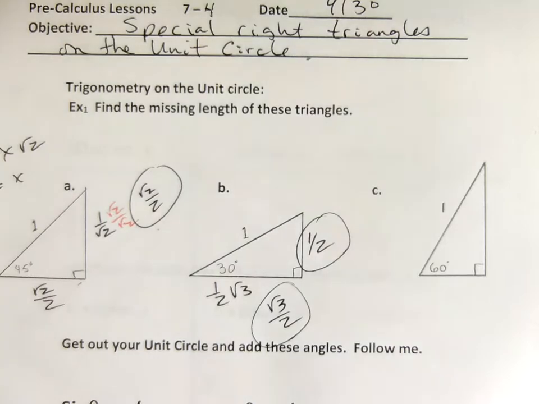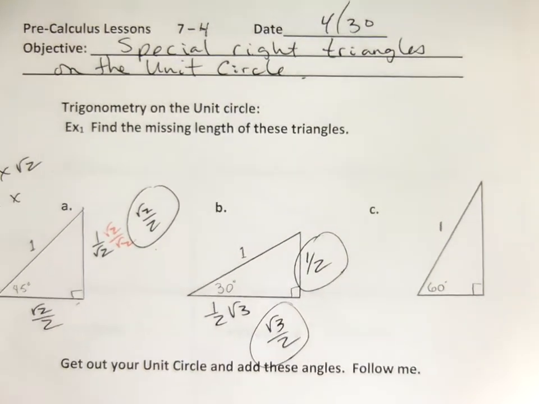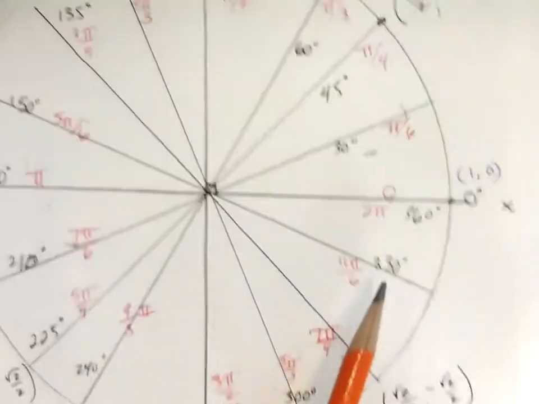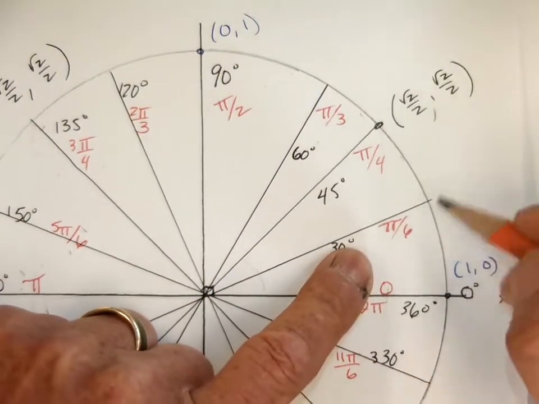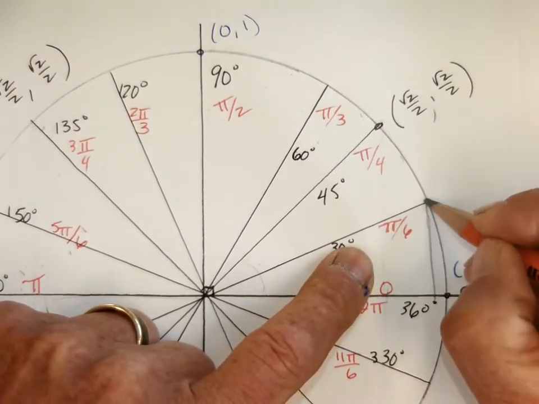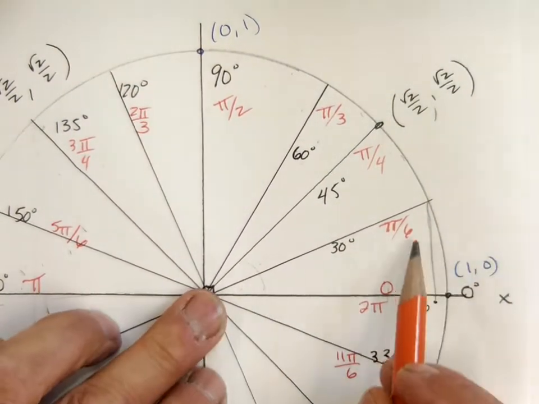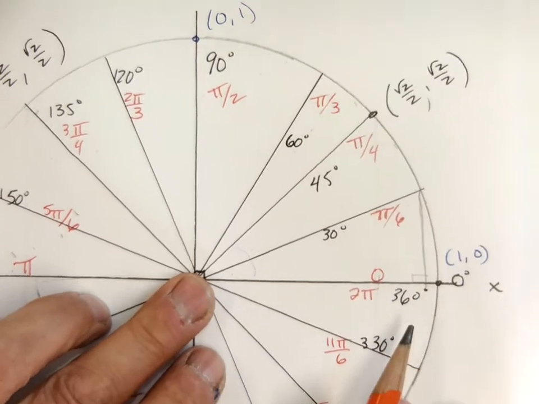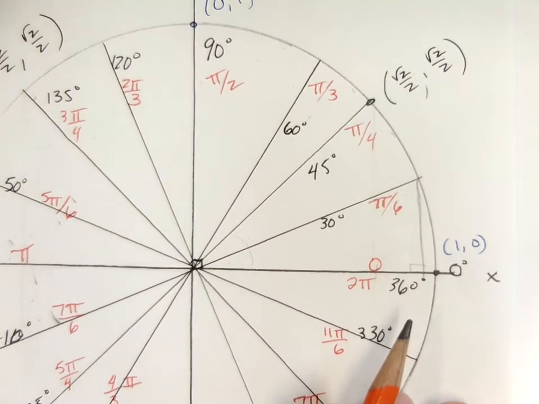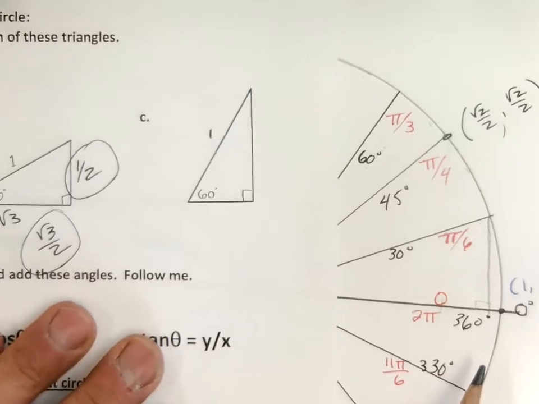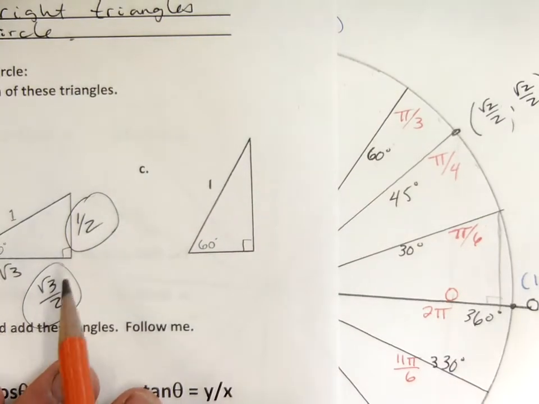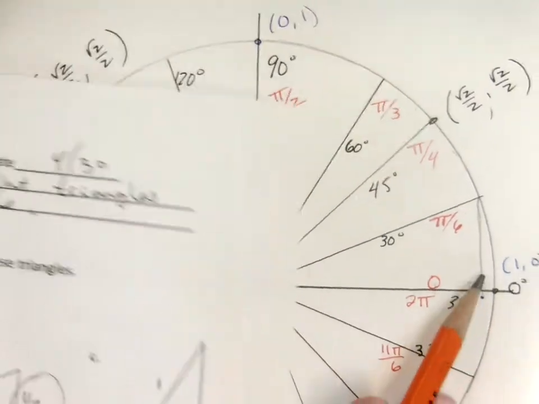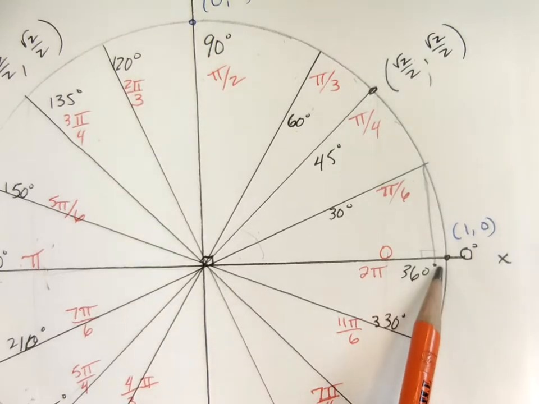Okay, so then go to my unit circle, and right here is a 30-degree angle. So right here is a 30, 60, 90 right triangle. Okay, so then I'm going to take these values and put them into this triangle. So my x value is the square root of 3 over 2.